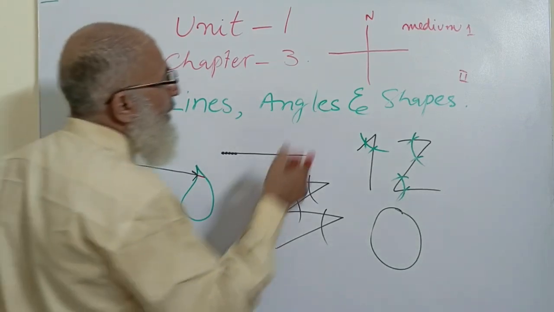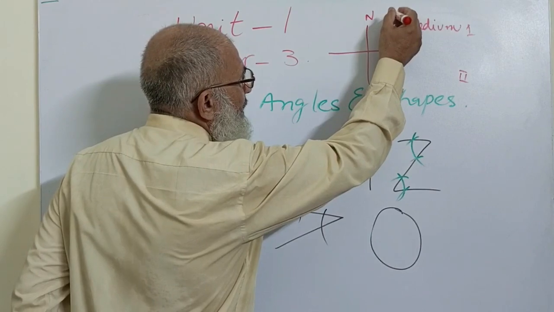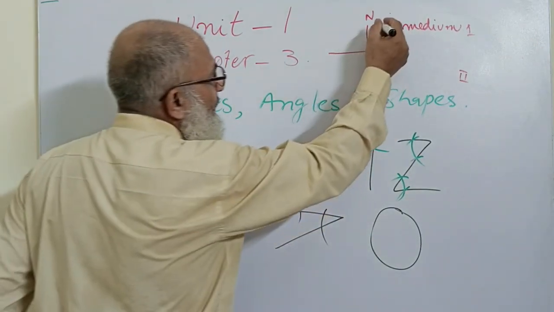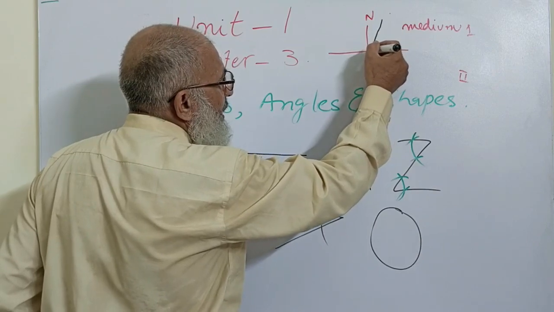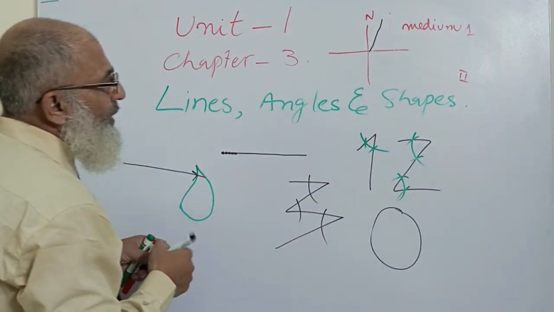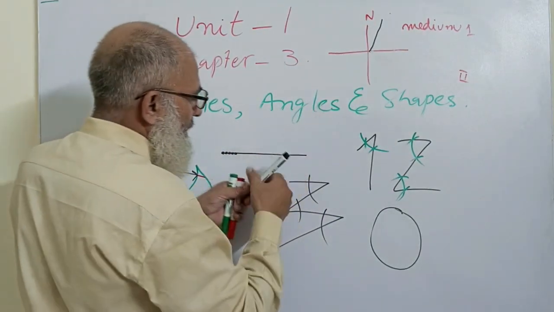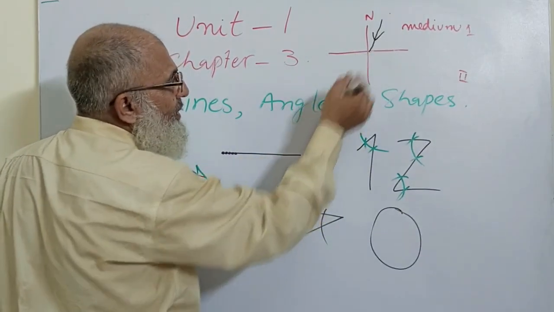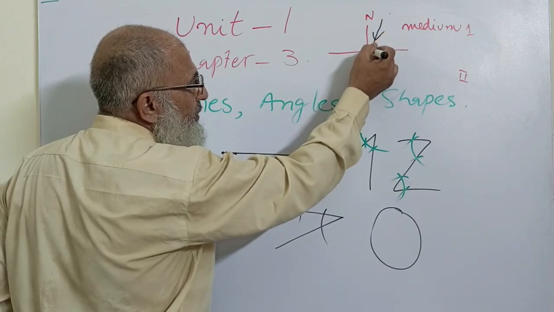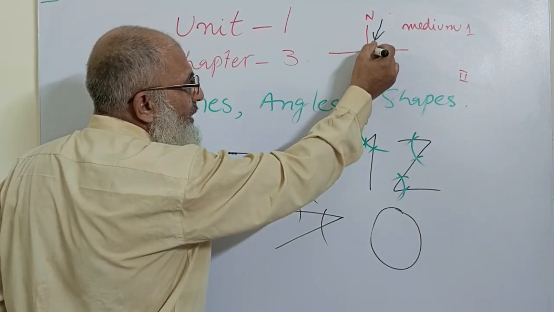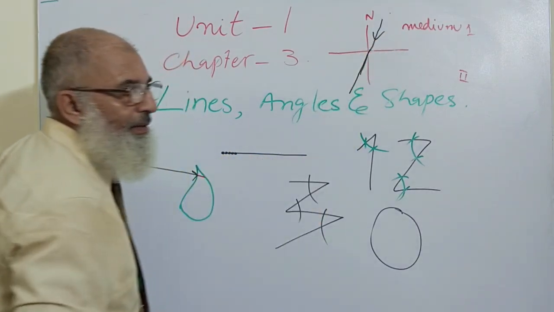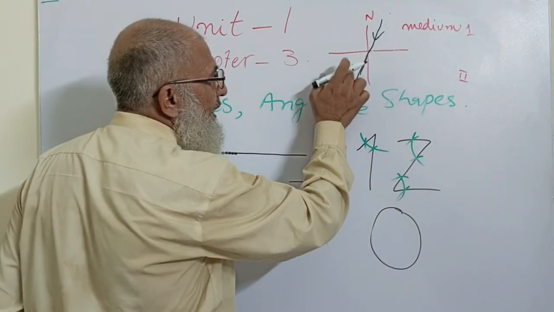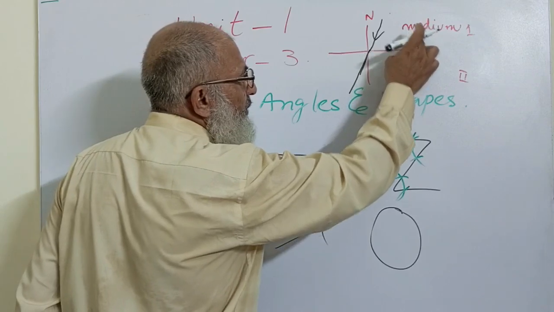Now if a light enters from here like this, now you see this is normal. What should have happened here, that if a light is entering in this direction, it should pass from here and go straight. But this does not happen. It does not go straight when it enters from medium 1.